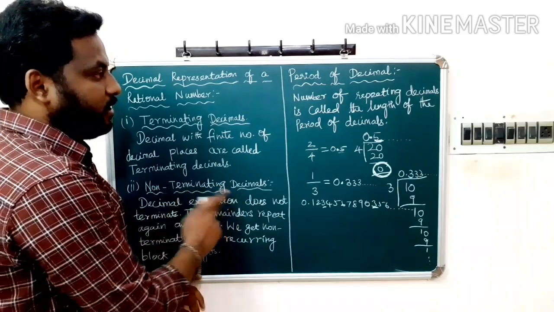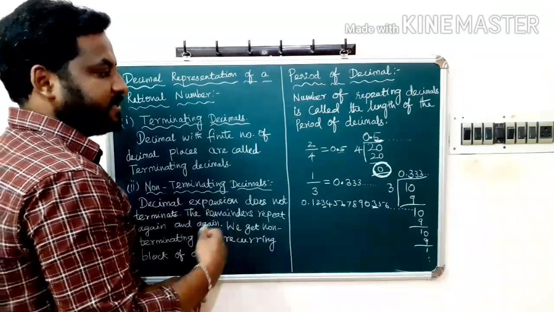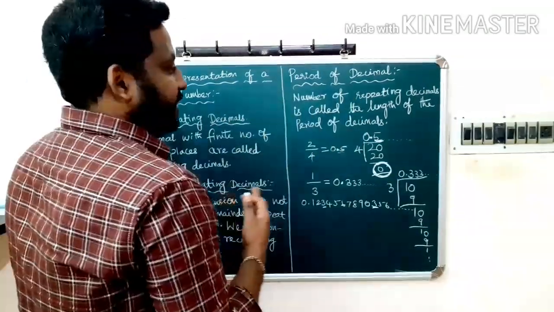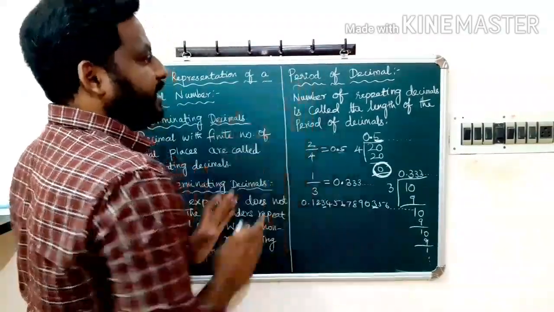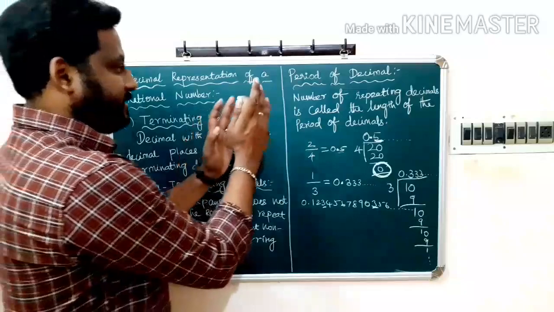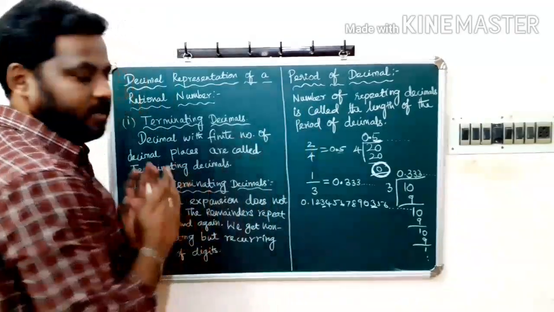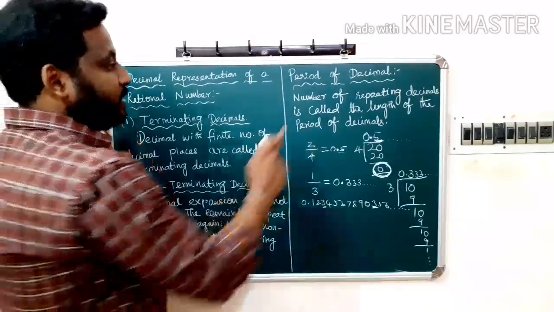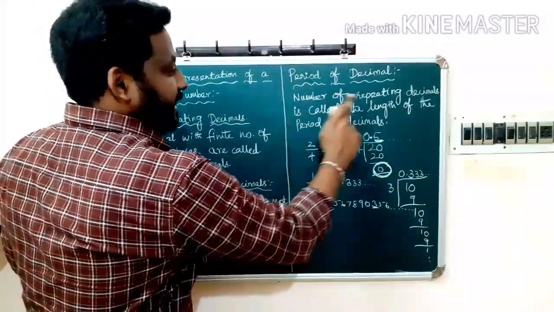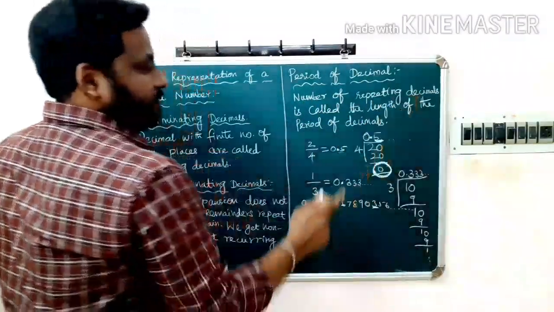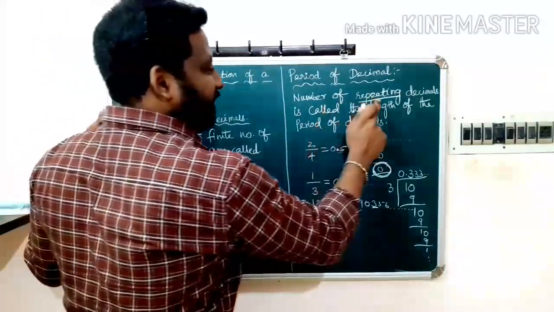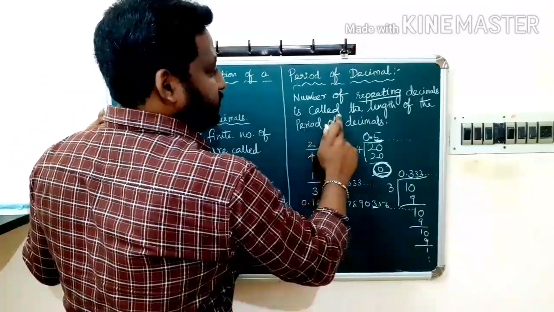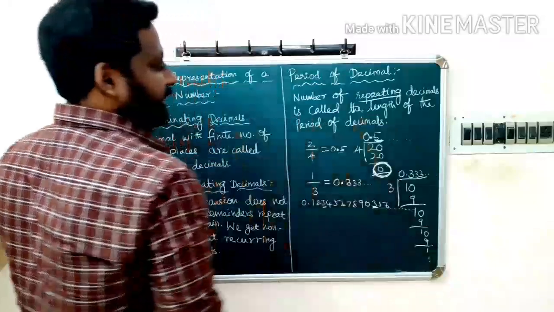Non-terminating decimal means the decimal expansion goes on to infinity. So if they ask to find the period of decimal, the question must be about a non-terminating decimal. Period of decimal means the number of repeating decimals. So this word is very important. The number of repeating decimals is called the length of the period of decimal.